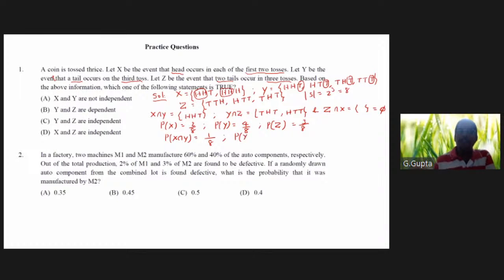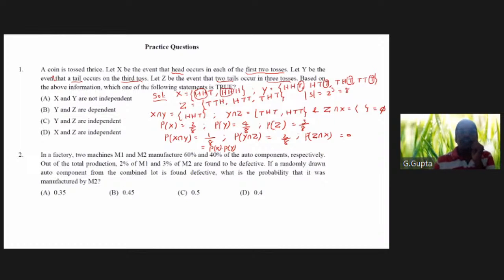Probability of Y intersection Z, 2 favorable outcomes out of total 8. Probability of Z intersection X, no favorable outcome, that is 0. So this is P of X into P of Y. So X and Y are independent.